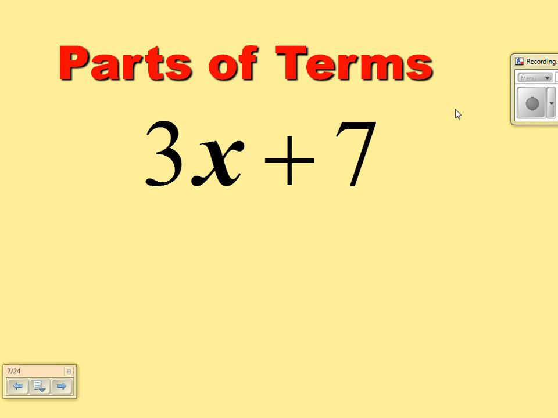At this point, I'd like to talk about the different parts of each term. If you have a term like 3x, it actually has 2 parts. As you know, the letter is called the variable.